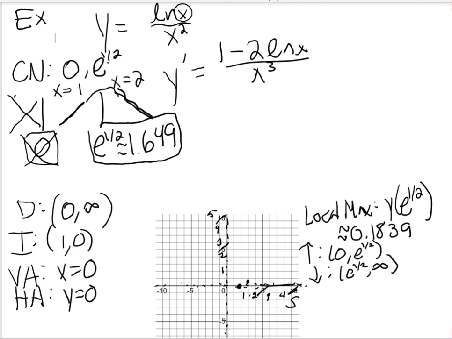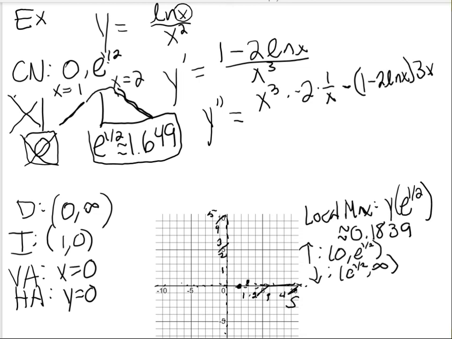So to use the concavity test, we need the second derivative. That's the bottom times the derivative of the top, which is negative 2 times 1 over x, minus the top times the derivative of the bottom, 3x squared, over x to the 6th.